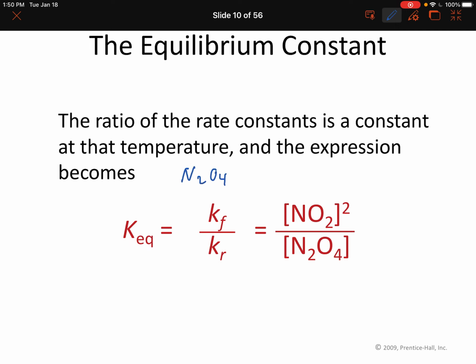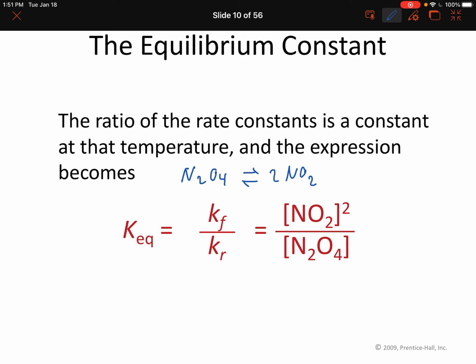So again, let's rewrite our equation here. N2O4 makes 2 NO2, and now we get our overall equilibrium constant. For a fixed temperature, the rate constants are also fixed, right? We saw that temperature can cause the rate constant to vary, but at a fixed temperature these two values are fixed, and so this ratio will be a constant at a particular temperature.